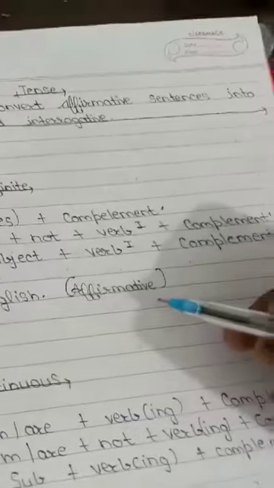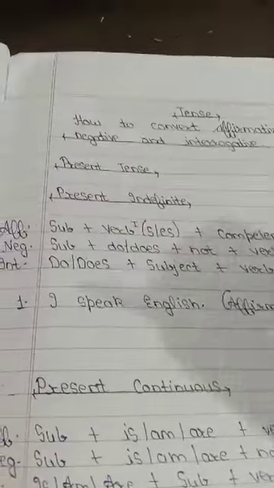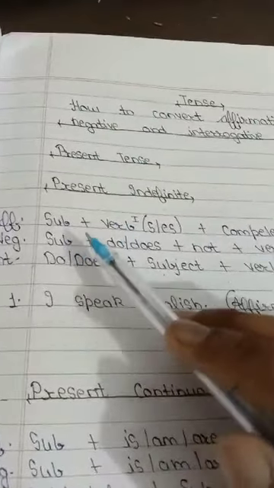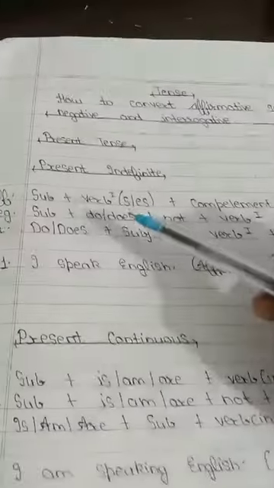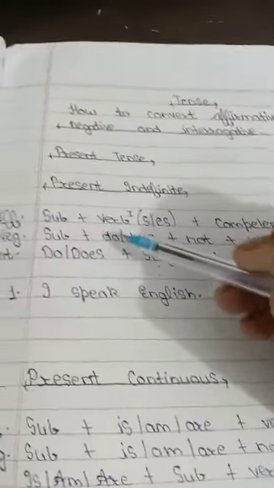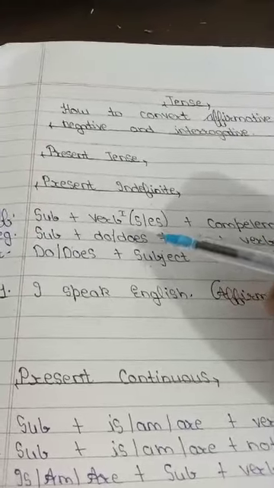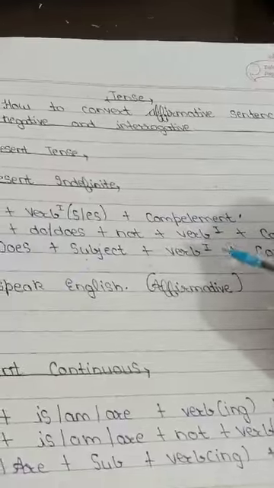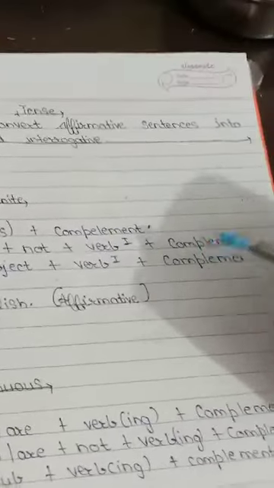So this is an affirmative sentence and now we convert it into negative. So the rule of negative: subject plus do or does, do used with plural and does used with singular subject, plus not plus verb first form plus complement.